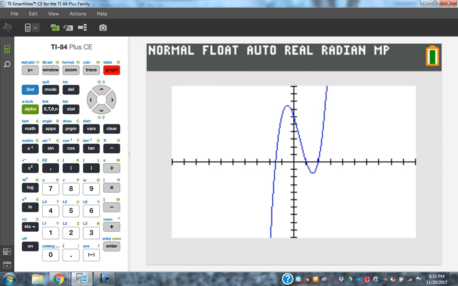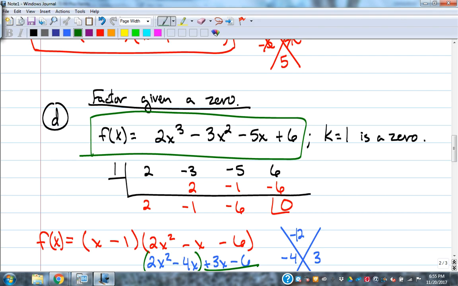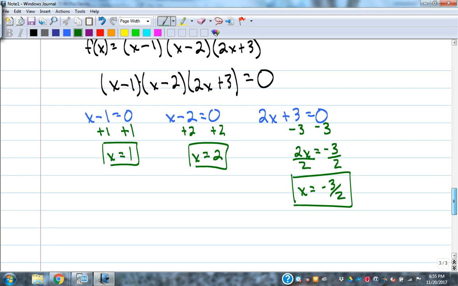All right, so see where this is crossing the x-axis. Negative 3 over 2, that's negative 1.5. It's crossing the x-axis there. It's crossing at x equals 1. That's 1. There's 2. What were the zeros of our polynomial we found when we worked them out? 1, 2, and negative 3 over 2.